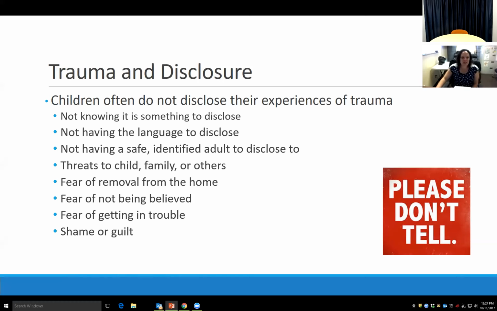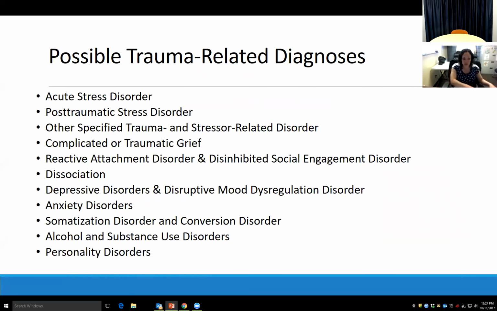So we're going to spend a little time considering diagnoses, and then a little later we'll talk about the more general global picture of how trauma impacts functioning. But I first wanted to give a list of some diagnoses that can be trauma related, meaning that it is not uncommon, when we have an individual present to us and they've experienced trauma, for these to be different disorders that may be on their list of diagnoses.